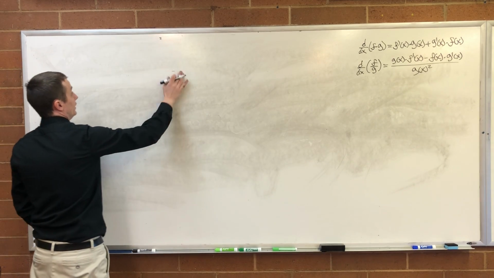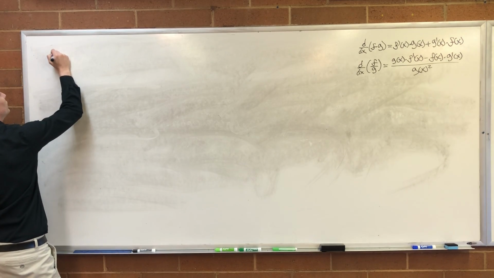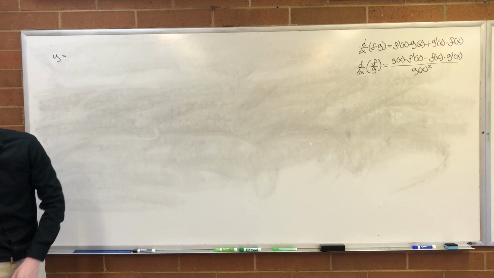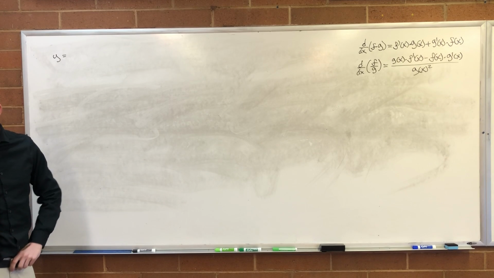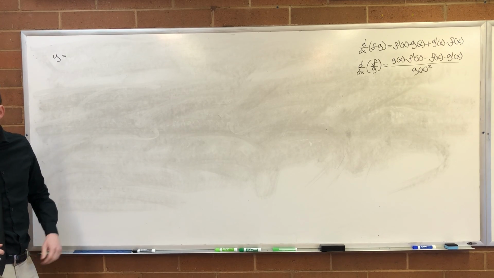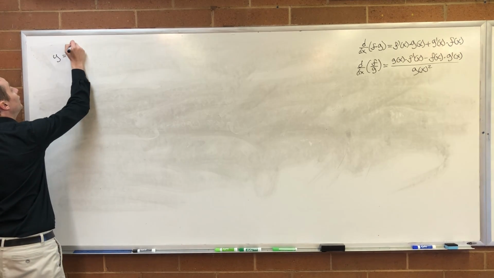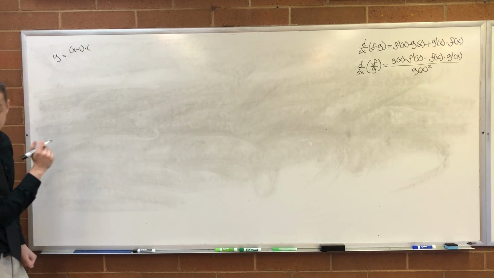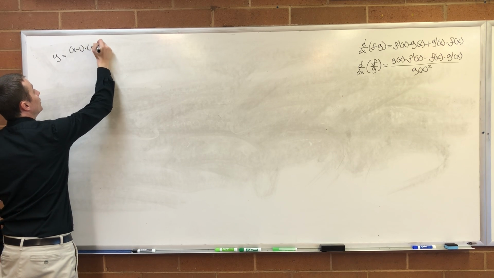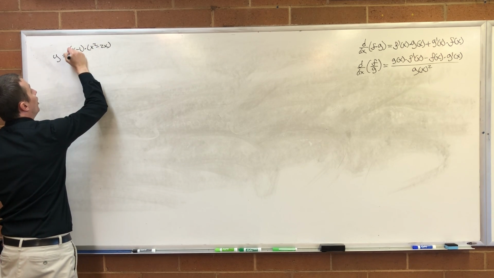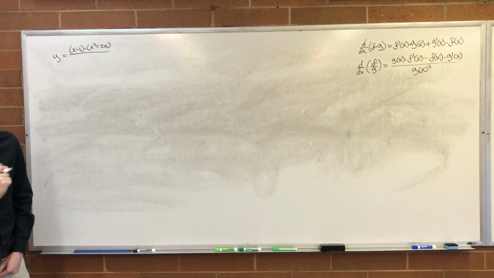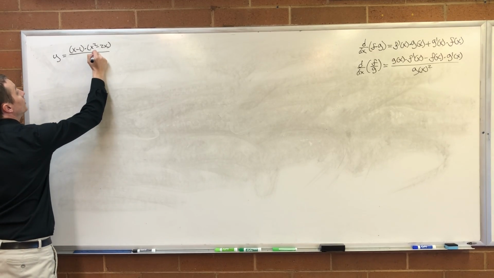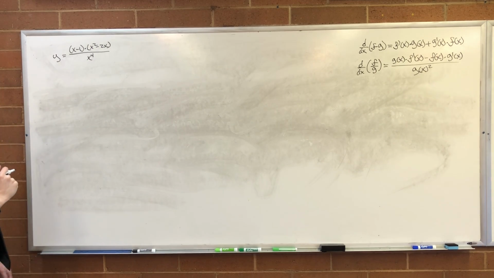So the one that we're looking at is y is equal to x minus 1 times x squared minus 2x all over x to the 4.